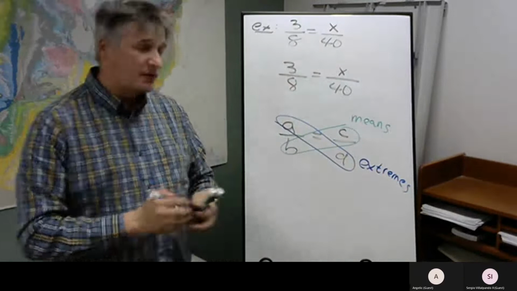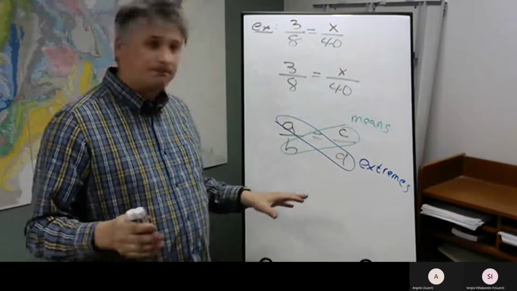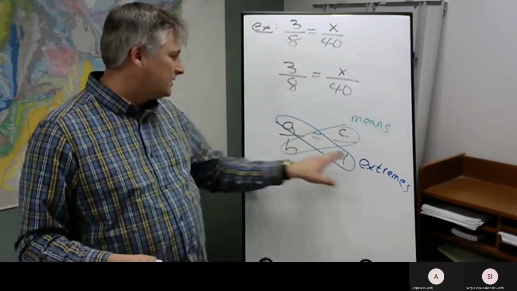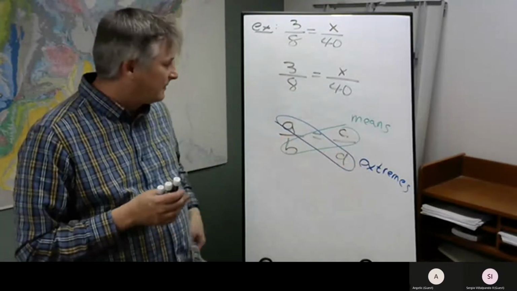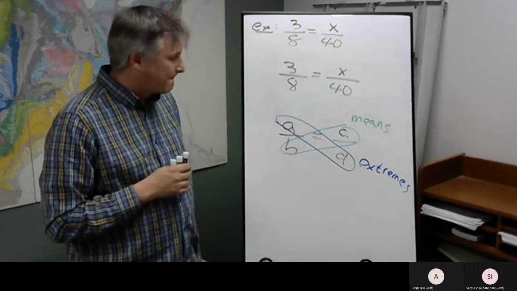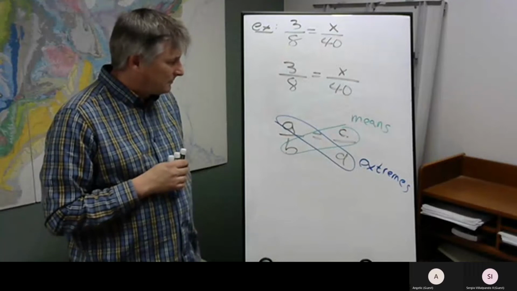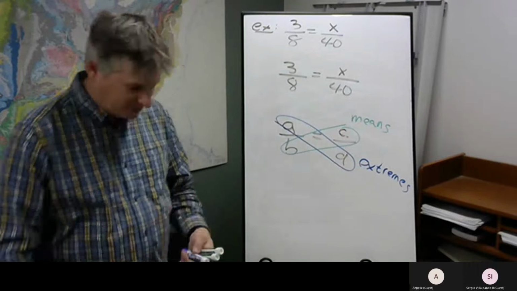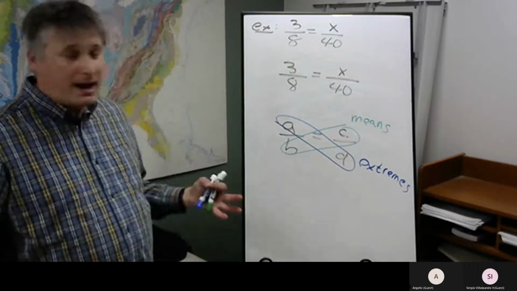So check your notes on that. Sorry about that. In your notes, these are the means, these are the extremes. Just give you a second to change your notes there. All right. So let's go back to this one.